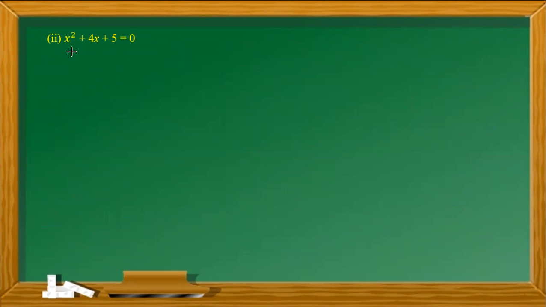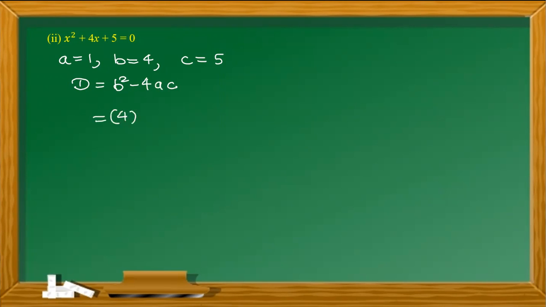Let us consider the second equation, x square plus 4x plus 5 equal to 0. Here a is equal to 1, b is equal to 4 and c is equal to 5. Let us find the discriminant b square minus 4ac. So b is 4, so 4 square minus 4 into 1 into 5. 4 square is 16. 16 minus 20, which is equal to minus 4.